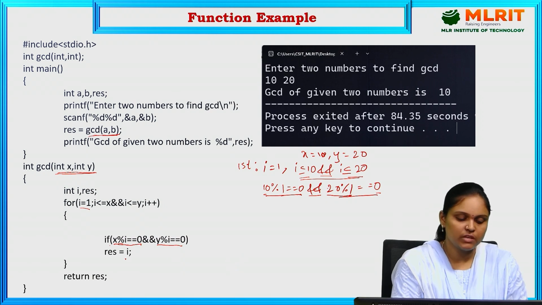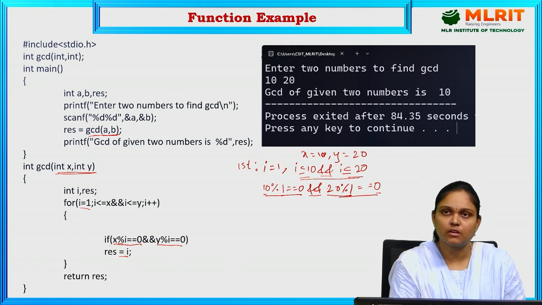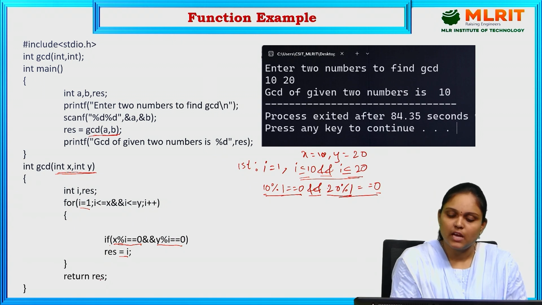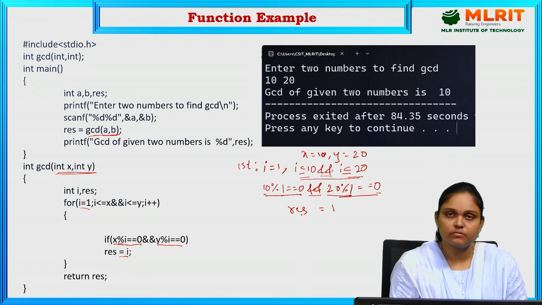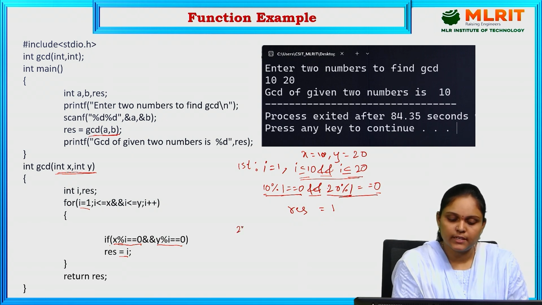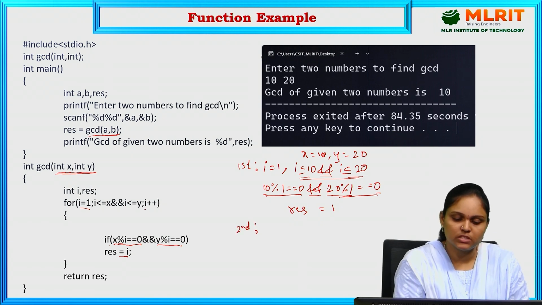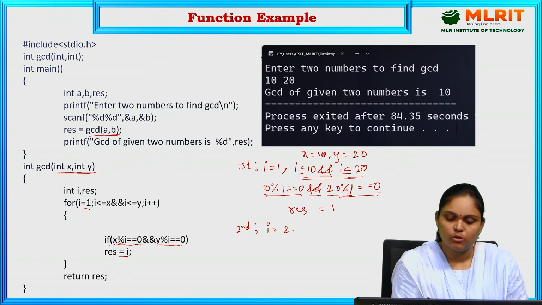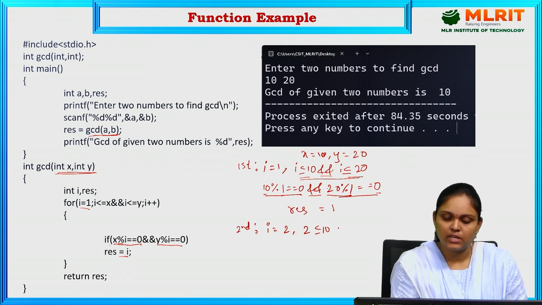So that is the reason why we enter inside this condition, and here we are assigning the I value to result. The I value is equal to 1, so 1 we are assigning to the result variable. Coming to the second iteration, the I value will get incremented by using I plus plus, so I will be equal to 2, and 2 less than or equal to 10 and 2 less than or equal to 20.